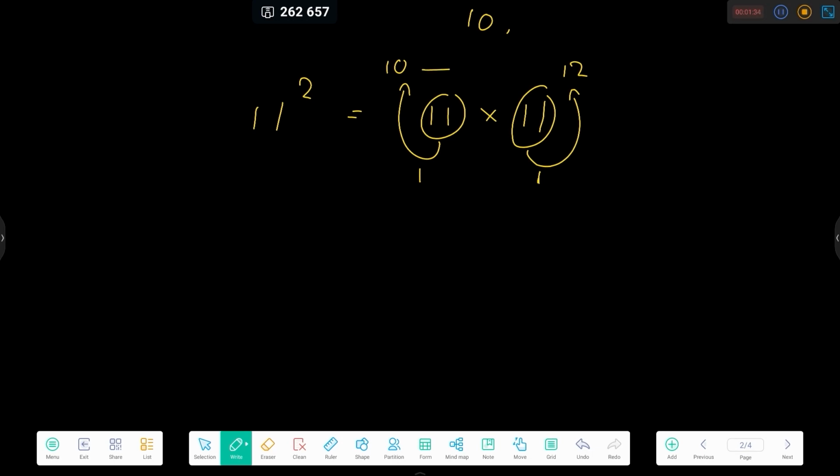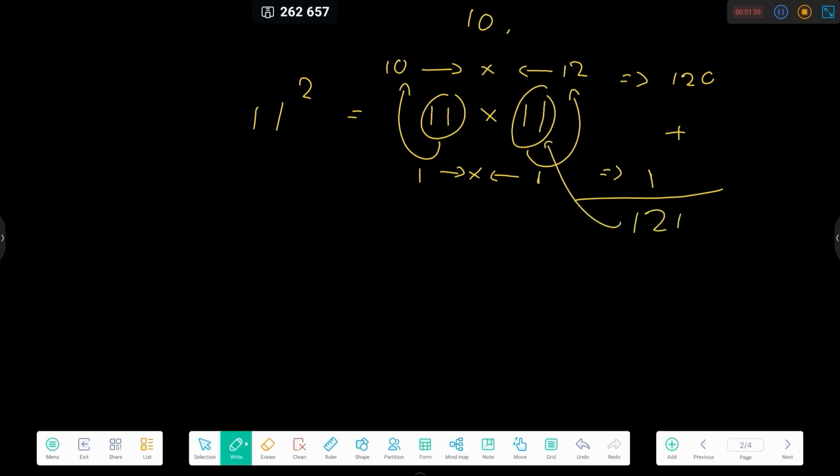We'll be multiplying both 10 and 12, where we'll get 120. It's easier than multiplying big numbers. Now let's multiply 1 into 1, which is 1. So now we add them. So it's 121. 11 square is 121.